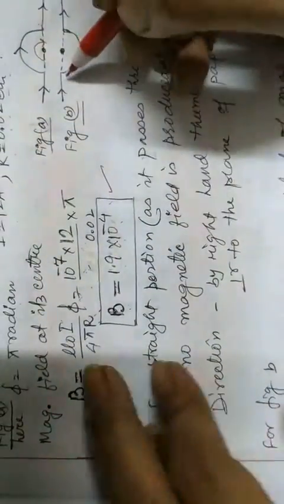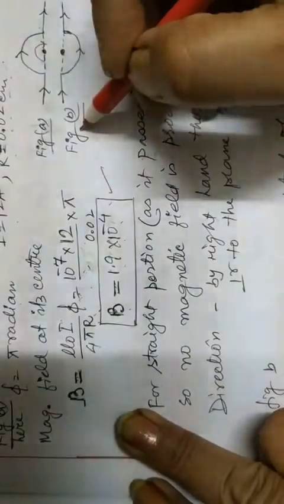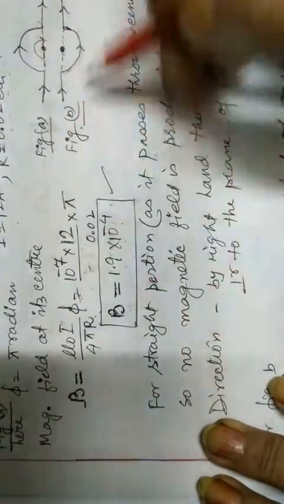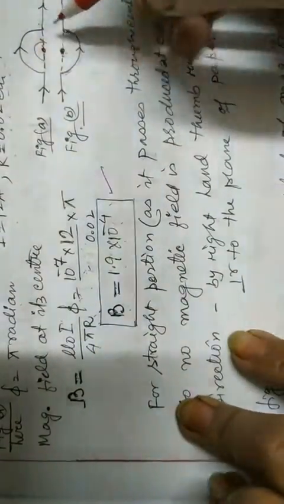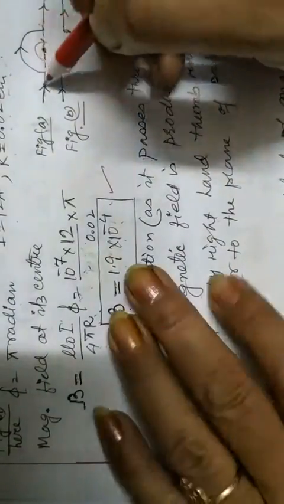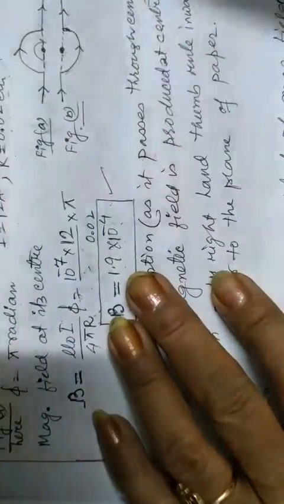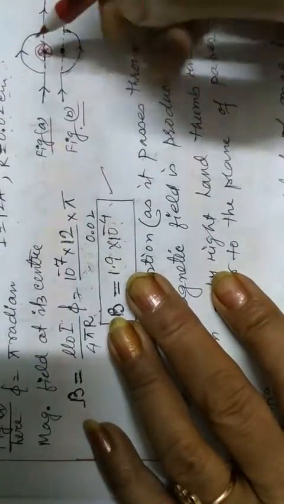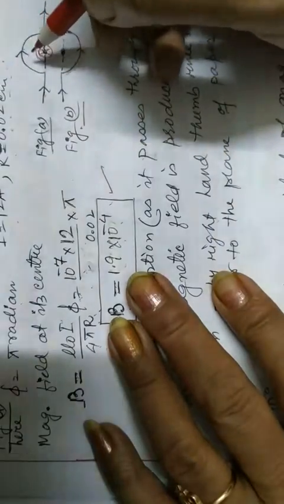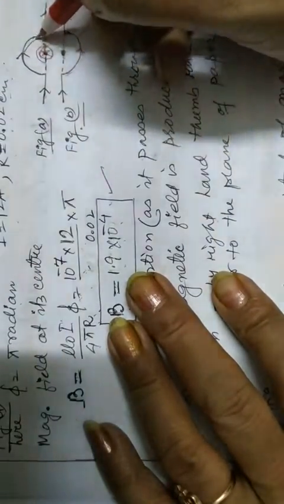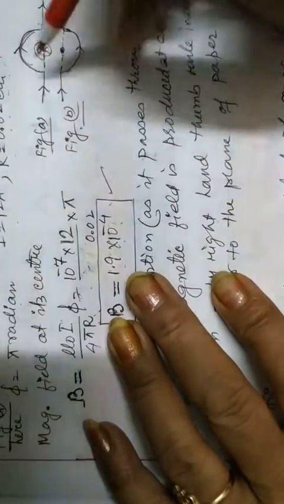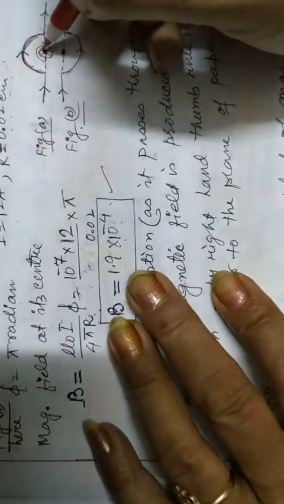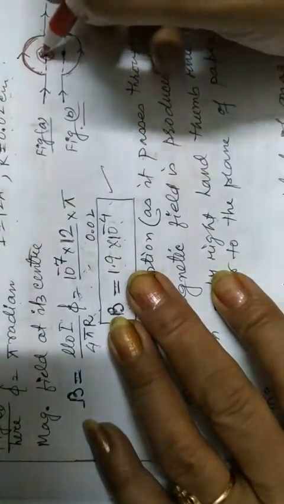Now, if it is of the form of figure B, then at the center the magnetic field will be the same, but what will be the direction? By the thumb rule, you hold like this. The current is in the clockwise direction, so the magnetic field will be inside, perpendicular to the plane, in this way.